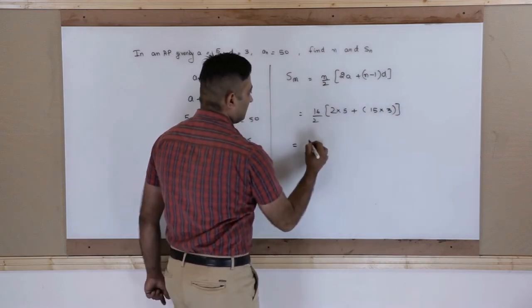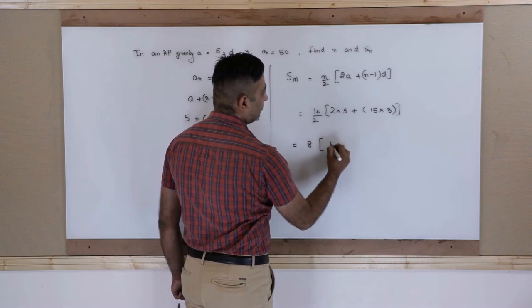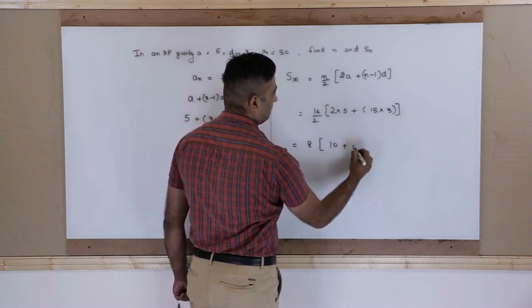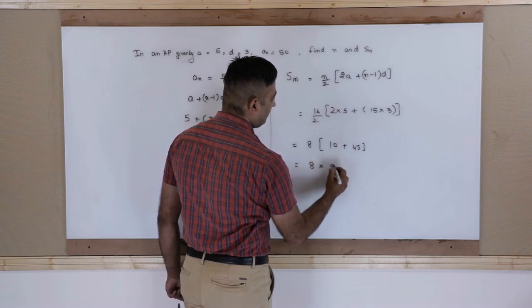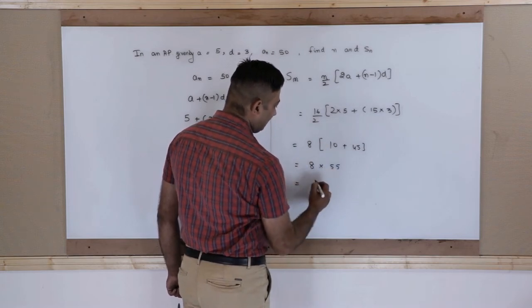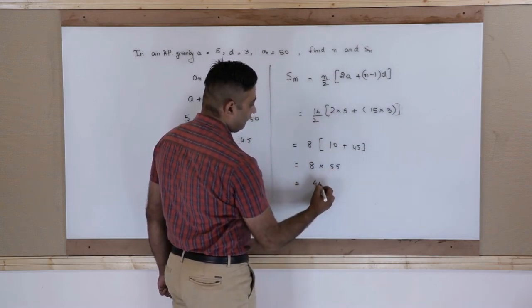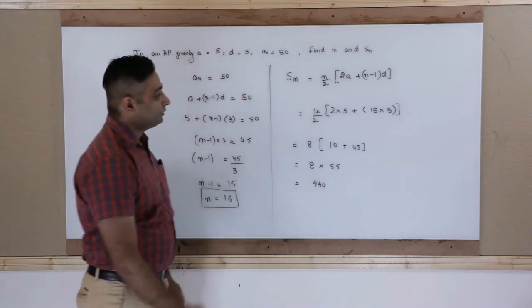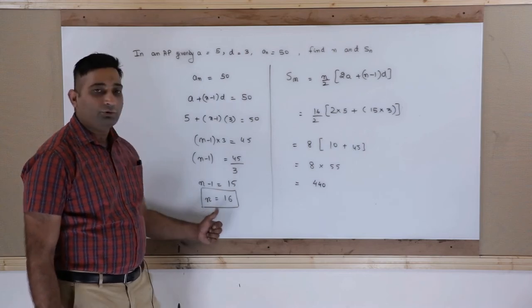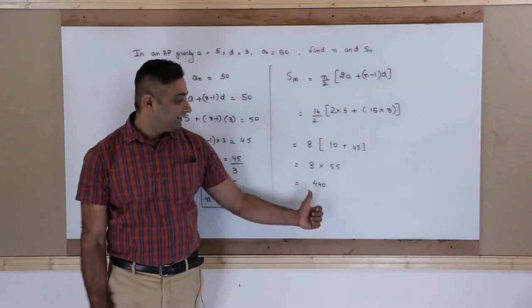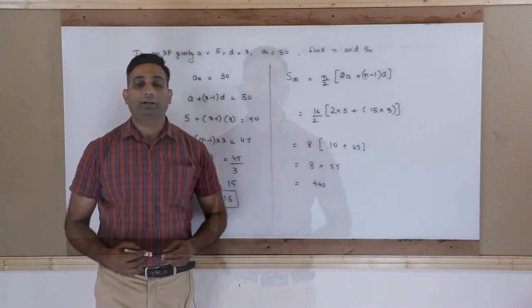So we get 16 by 2, that is 8 into (10 plus 45). That is 8 into 55, which is equal to 440. So the answer to this question is N equal to 16 and Sn is equal to 440.